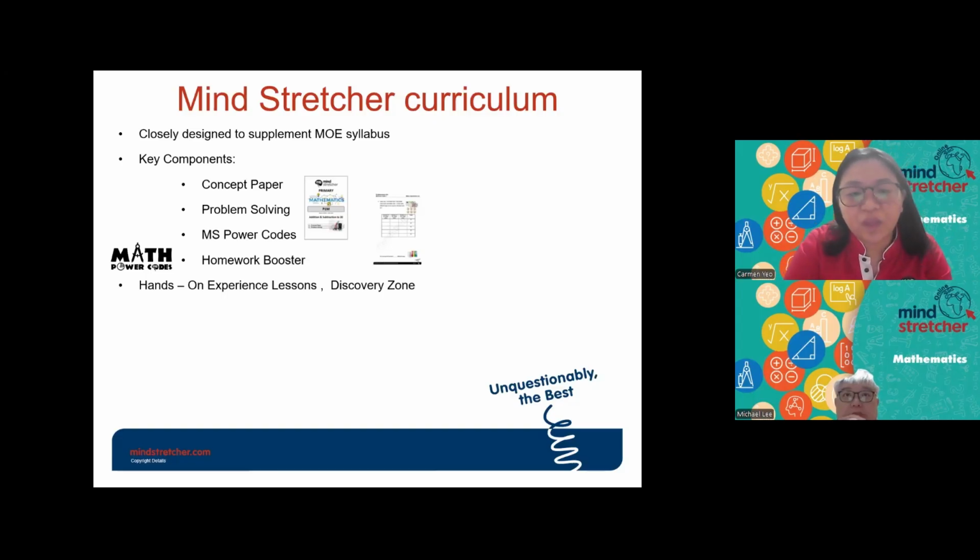And also the discovery zone, which I mentioned earlier, which is the Math Ninja, Math Lab, or Math Detective. These are something extra that is outside the MOE syllabus, but still related to primary mathematics, to spark their interest in mathematics.